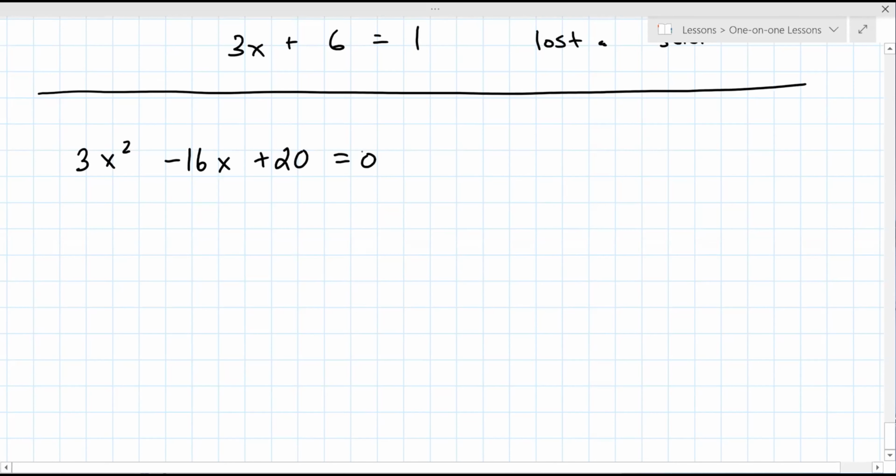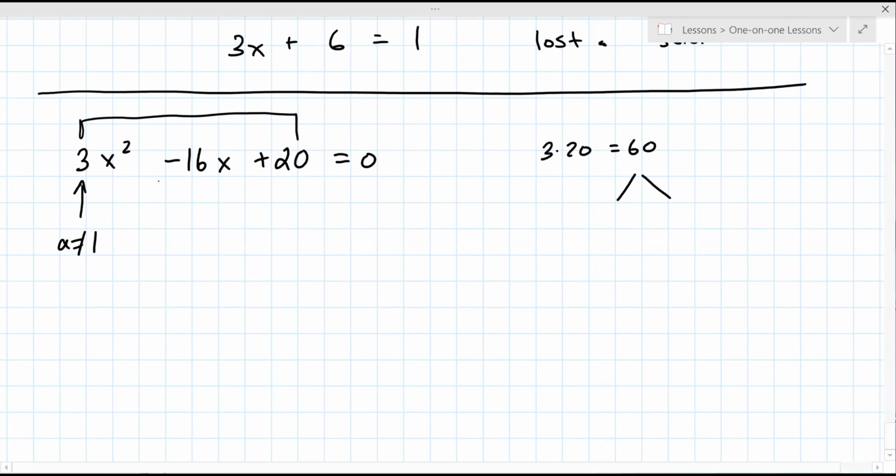Here there's no GCF to factor out. So when A, the leading coefficient, is not equal to 1, which is the case here, you multiply the first and last together. 3 times 20 is 60. You're looking for two things that multiply to 60 to give you negative 16.